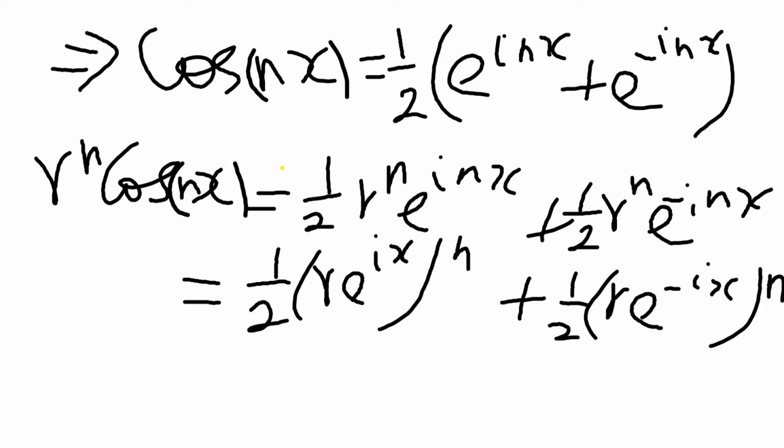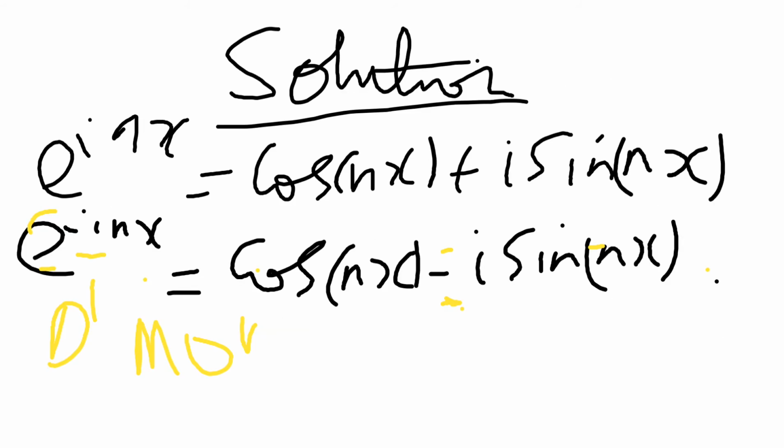Okay, let's look at the second part. Now if we go back to what we have here, and decide to add both sides, the terms that have sine will go.